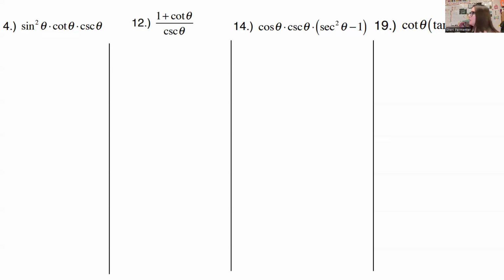So what did I say is the number 1 tip? Use the chart and turn things into what? Sine and cosine. So let's do that. The first one, we've got sine squared, good. Cotangent, we can rewrite that one. We can rewrite cosecant. So let's do that.